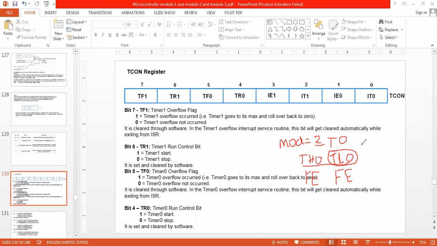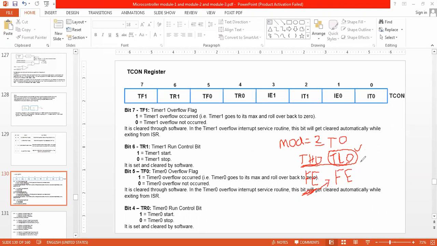So only TL0 will start incrementing here. The TH0 value will not be incremented. The TH0 will be holding the initial value, which is going to be loaded into TL0. So now FE is being loaded.